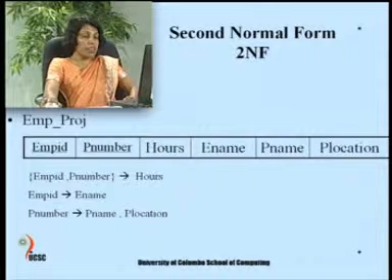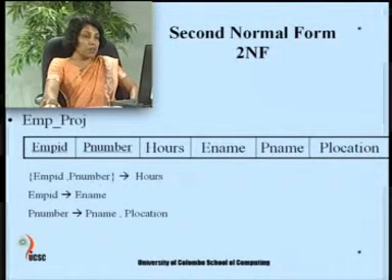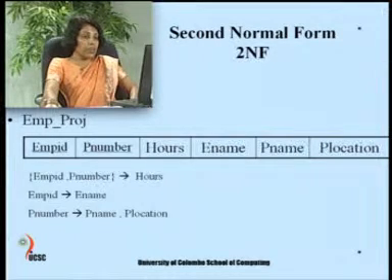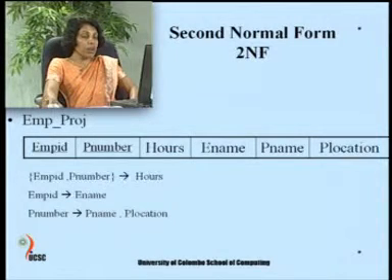That is, there exists full functional dependency between the composite key and the hours. But if you consider employee name, there exists only a partial dependency, because employee name will depend only on the employee ID, which is a part of the composite key. And then you can see that project name and project location also depend on part of the key, that is project number.